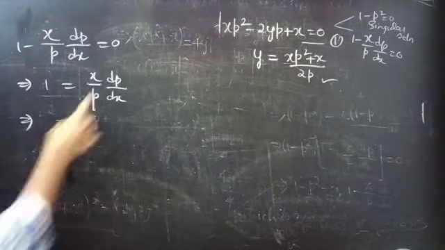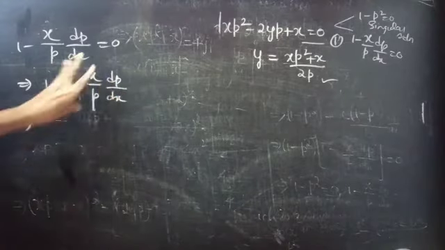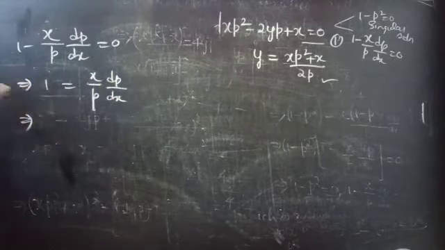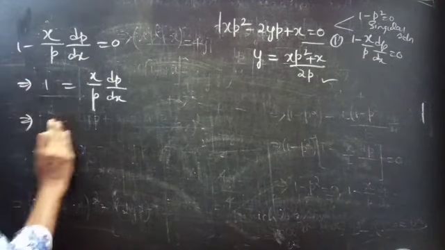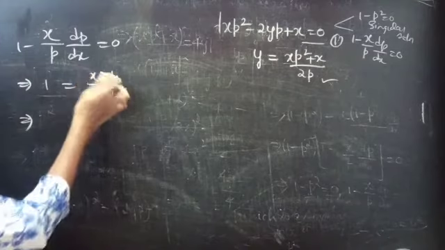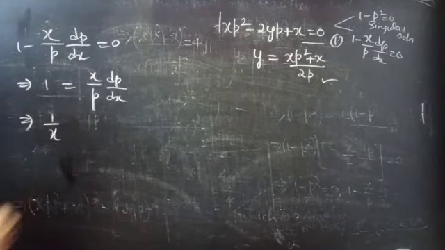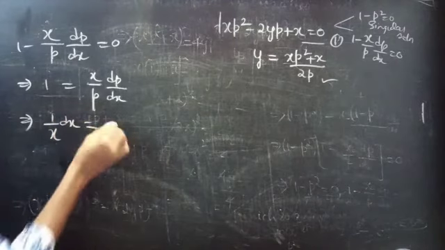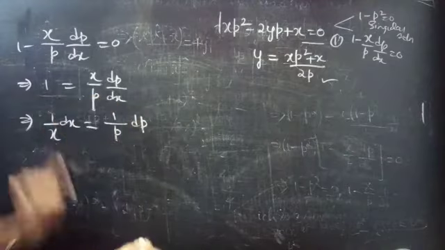So we'll take all functions of p to the RHS and bring all the functions of x and dx to the LHS. We need to take this x to the LHS, so x becomes 1 by x into dx equals 1 by p into dp. Here the variables are separable.